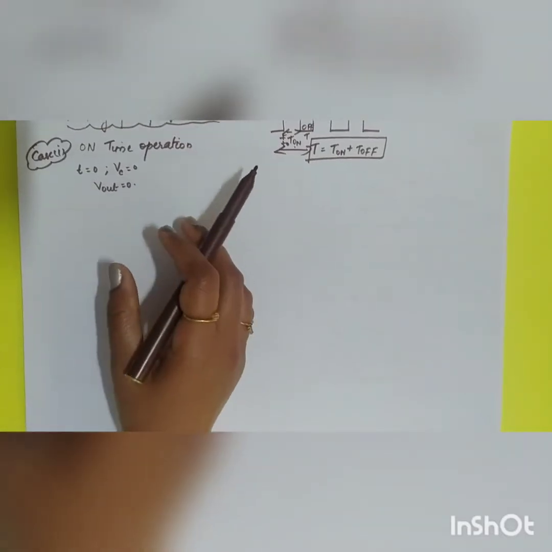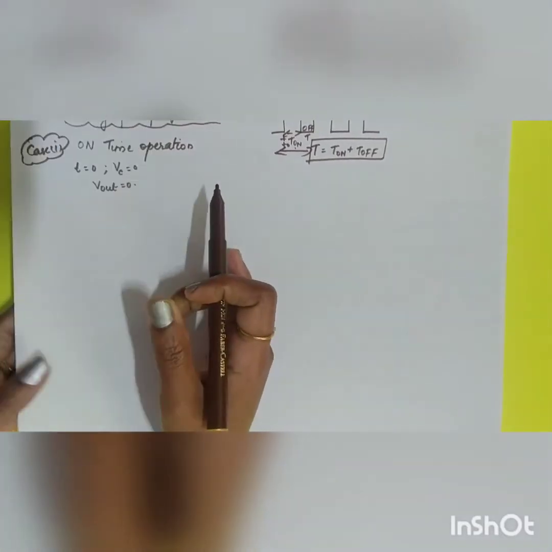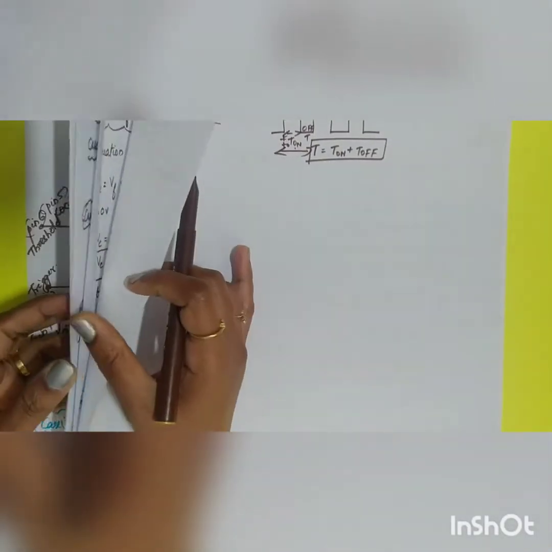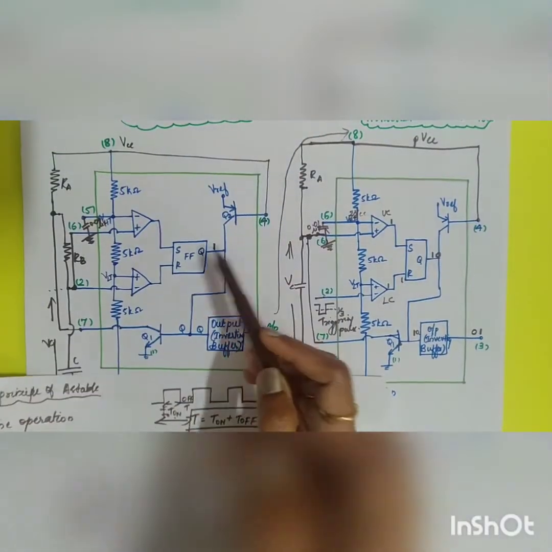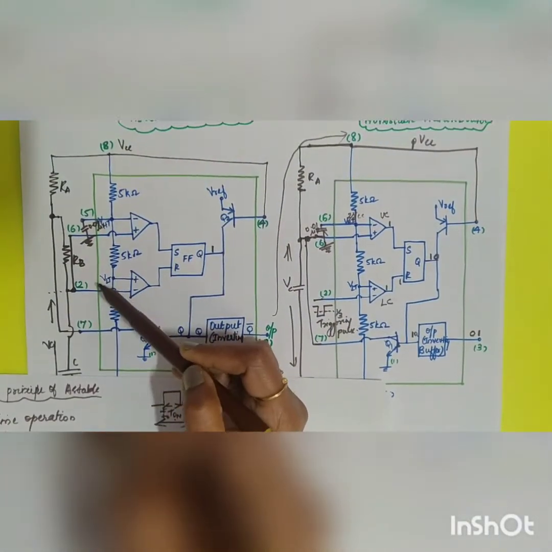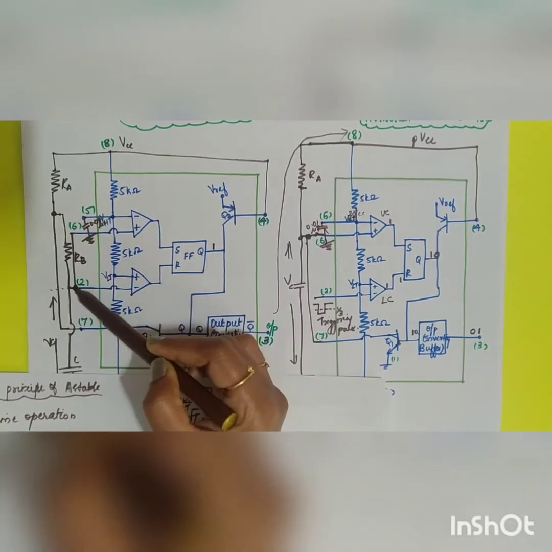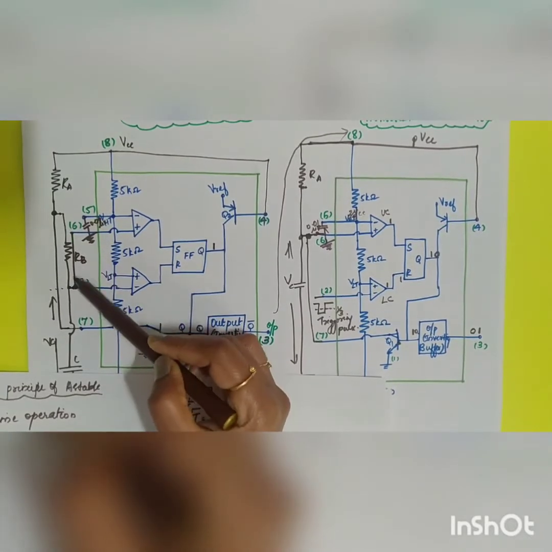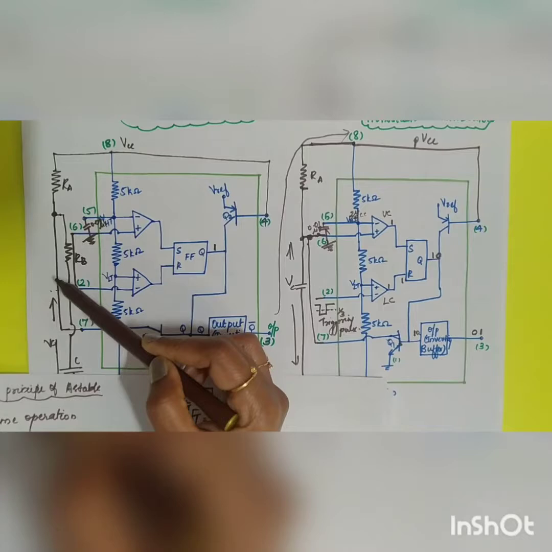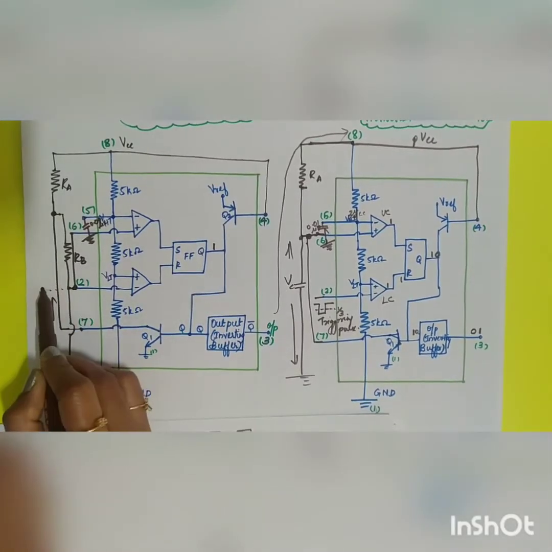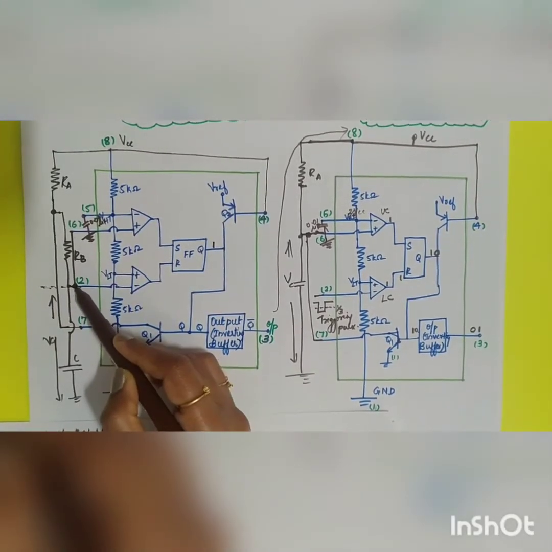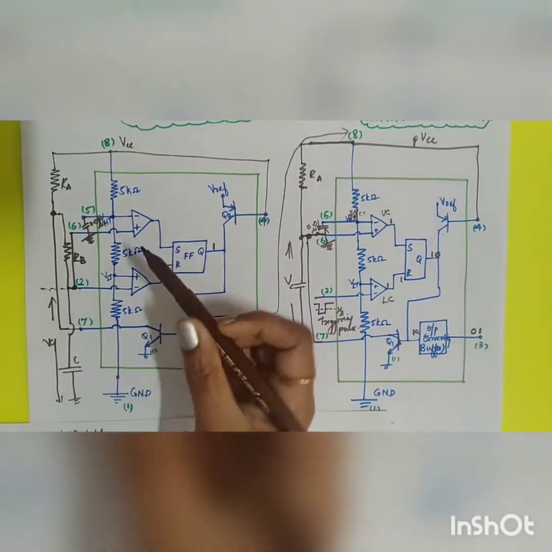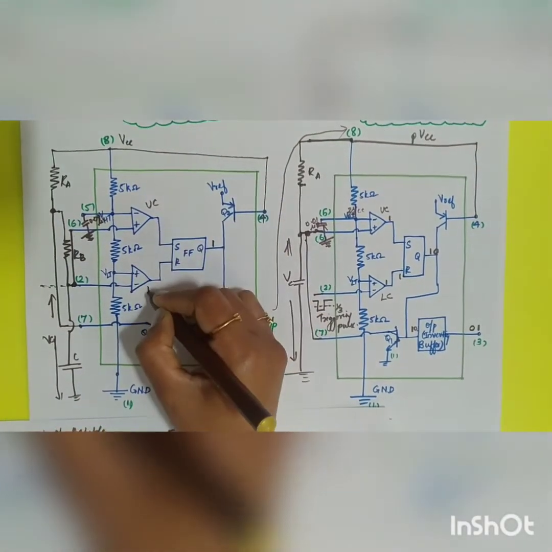But you know that this capacitor voltage VC will control both your threshold as well as your trigger pin. In this case, both your second pin and 6th pin are shorted. This control voltage VC is going to both your upper comparator as well as your lower comparator.